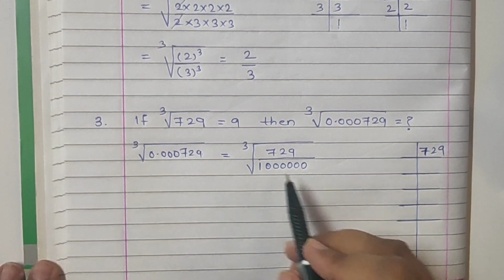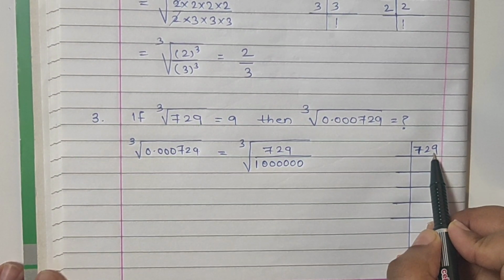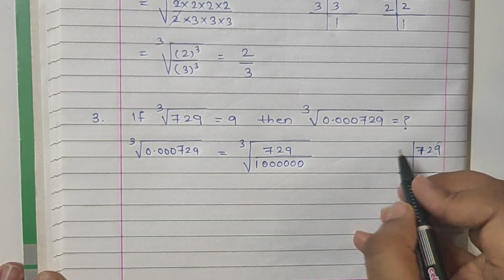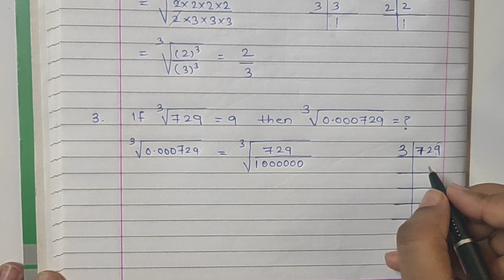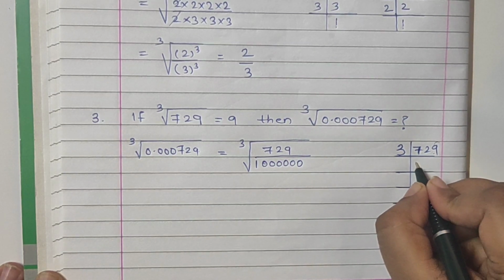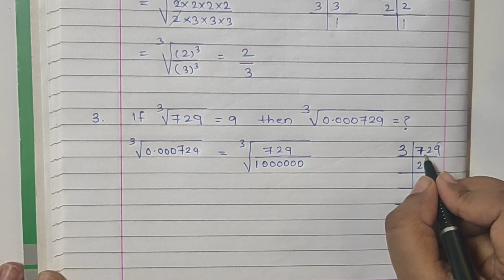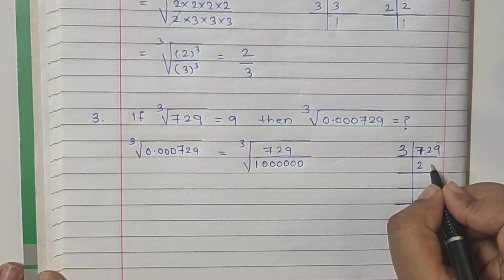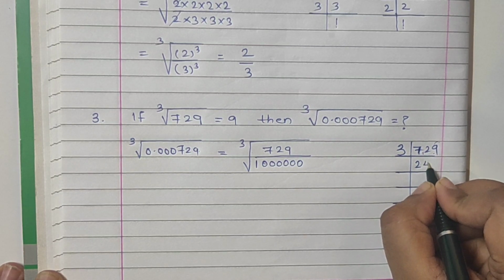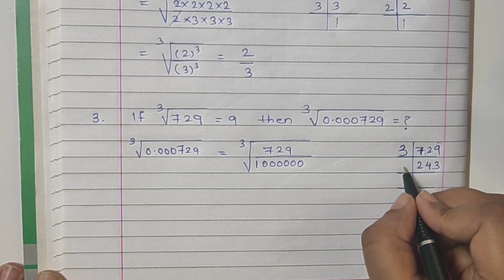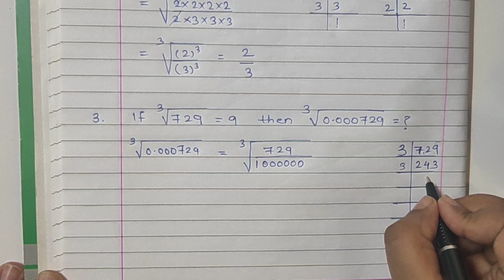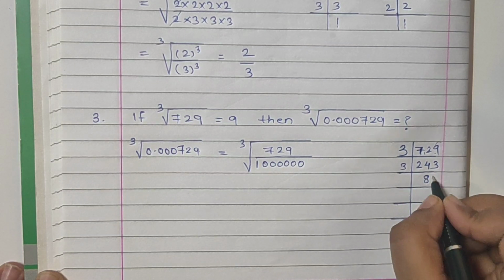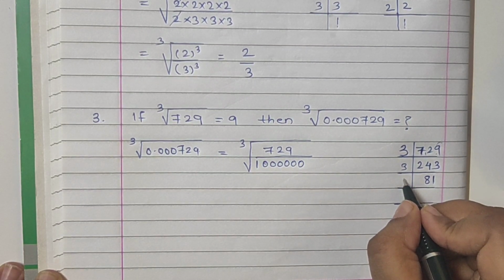Now we will find the factors of 729. 9, which is divisible by 3, so it will be divisible by 3. 3 2s are 6. 7 minus 6, 1. It will become 12. 3 4s are 12. 3 3s are 9. Again by 3. Now 8 3s are 24. 3 1s are 3.